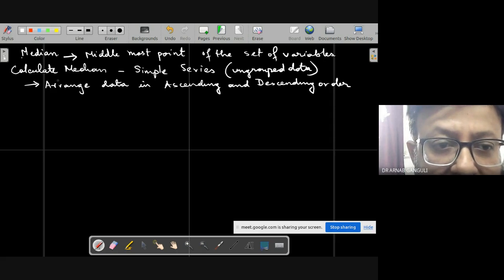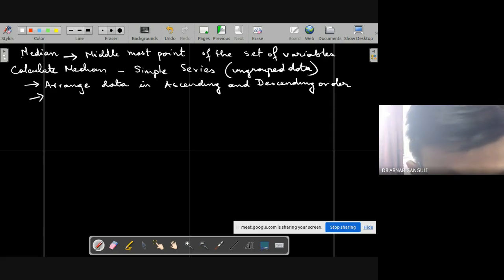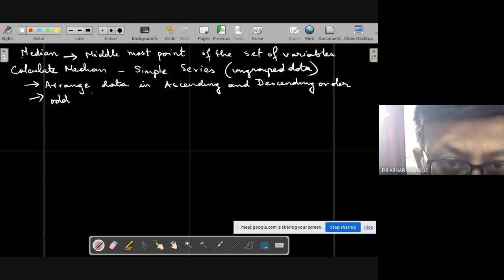Then after you arrange the data, if the number of observations is odd, the value of the middlemost is the median.